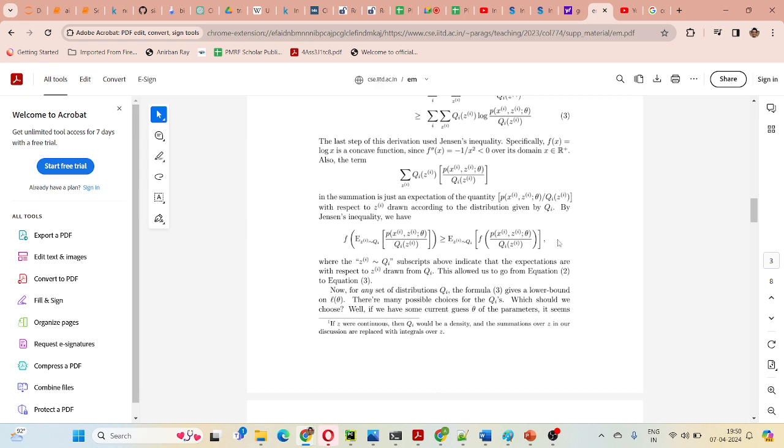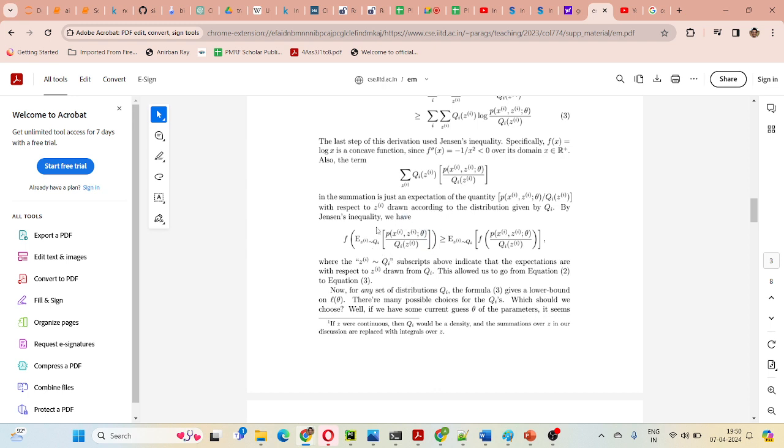But these zi, in the expectation we are calculating, are drawn from Q. So when we sample zi from Q, we calculate this value, repeatedly do that and calculate the mean. We sum those values divided by the number of values.